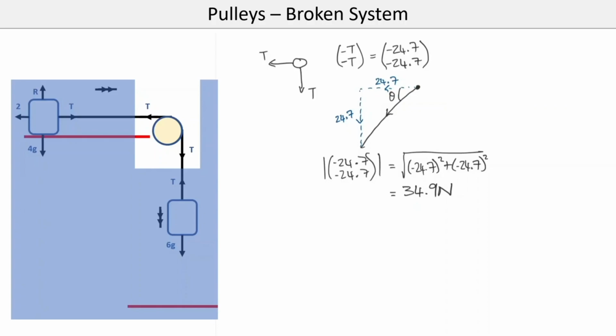So actually, if we're asked about the direction and the magnitude of the force acting on the pulley, this is exactly what we do, and we're using Pythagoras in the first instance. We could use trigonometry, but actually I'm demonstrating some intuition, some insight to the diagram in front of me. Isosceles triangle, this is 45 degrees.